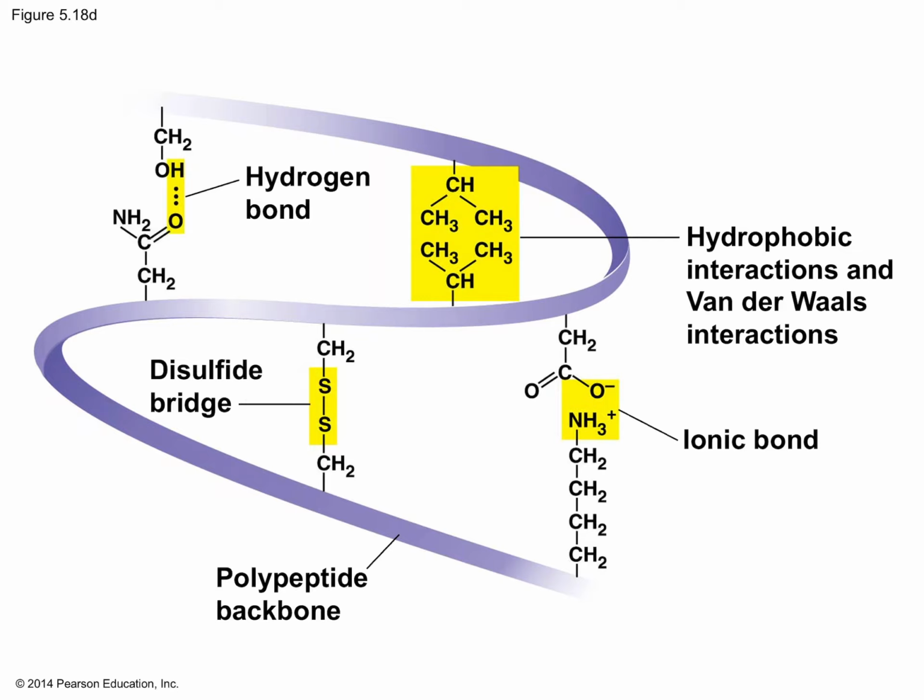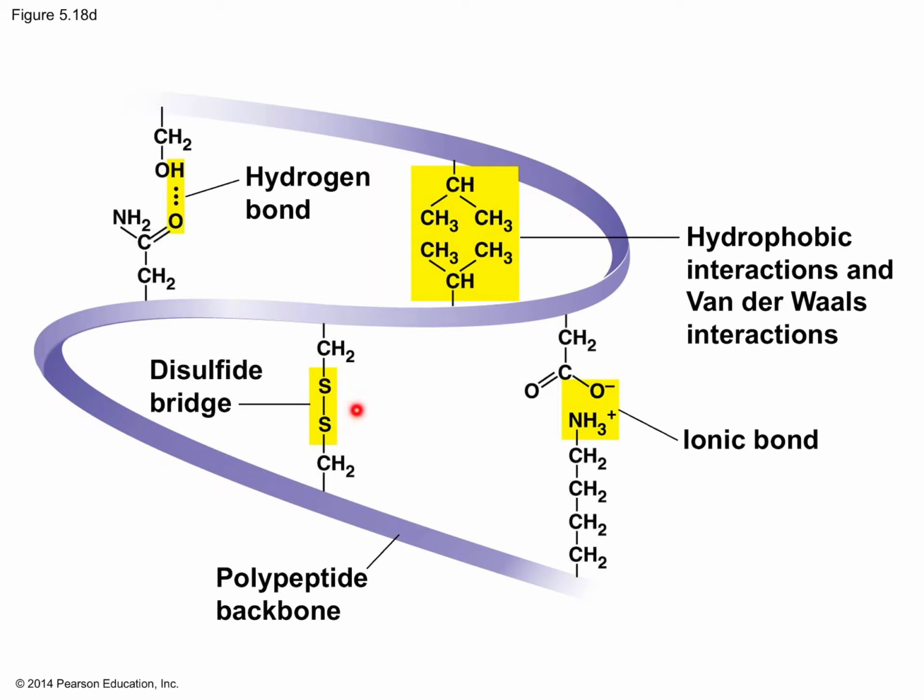A disulfide bridge is a very strong covalent bond between two sulfur atoms, as you see here. So there are two amino acids, if you go back to that table of the 20 and look at them, that have sulfhydryl groups. So sulfhydryl is SH.